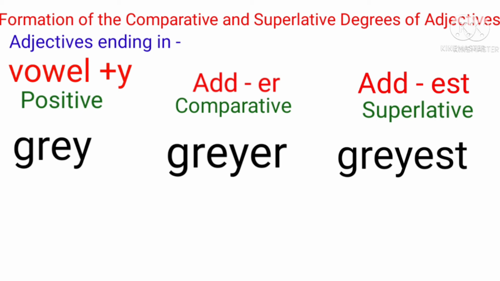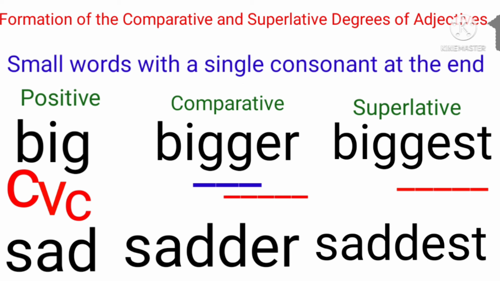Alright guys, now look here. So here I wrote a word like big, and you have seen that here something is written, CVC. So what does it mean? So big, B-I-G.